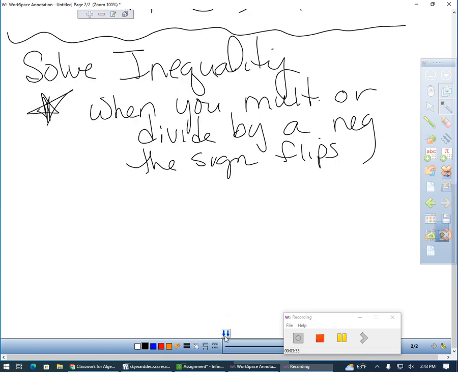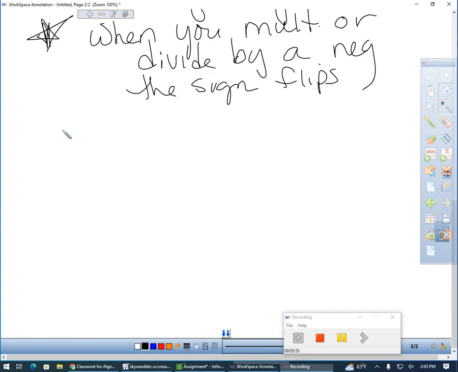All right. If I have x less than 4, on my number line at 4, because it is just less than, I have an open dot, and my line will go to the left.